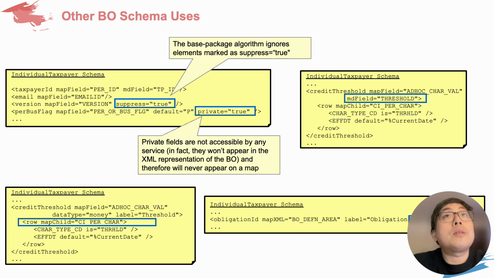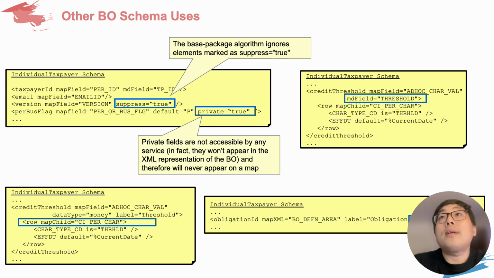And there is private equal to true. It means there is a field, but it won't be shown on the screen either. It's only used for maybe a dependency purpose or dependent field purpose. But if you don't want to show it in the UI map, you put private equal to true.